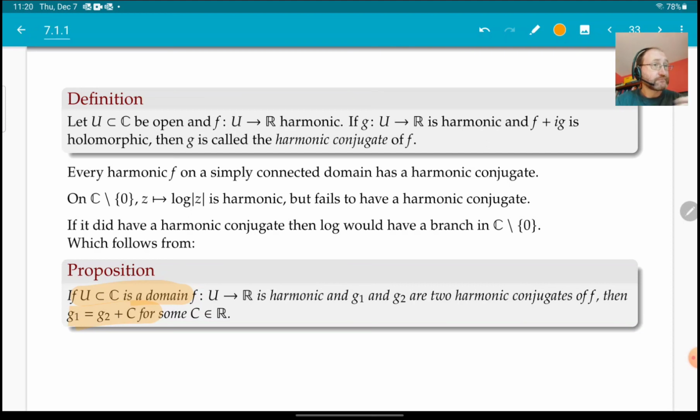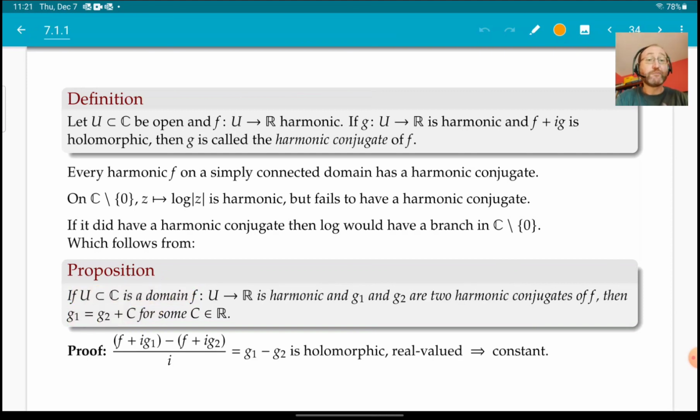So then if we have two harmonic conjugates, then they differ by a constant. And the proof is not hard. If we take a look at this, right? I take f plus i g1, that's holomorphic, and the same f plus i g2, that's holomorphic.